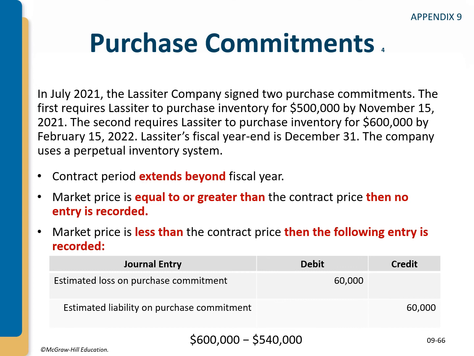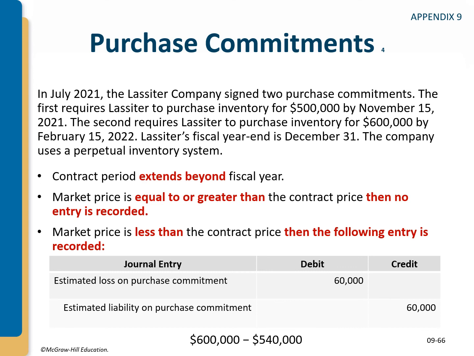But what if the market price is less than the contract price? So we're required to pay more than what they're selling for at December 31st because we signed this contract. Well, now we have a loss on this as of December 31st, even though nothing happened. So they're assuming here the goods are selling for $540,000 on December 31st.